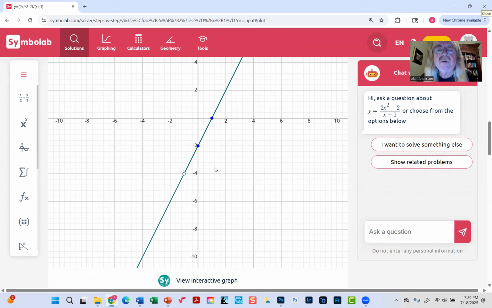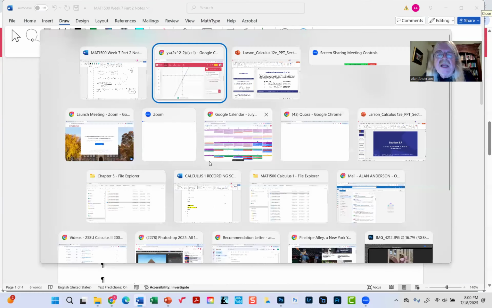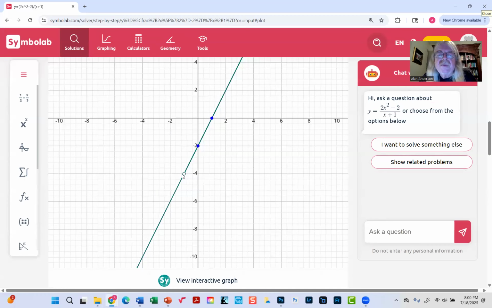Now, the limit that we're looking for, though, can be found, as we've seen here, by replacing the existing function with something a little bit simpler after doing a little factoring, and you can see that the limit actually is -4.